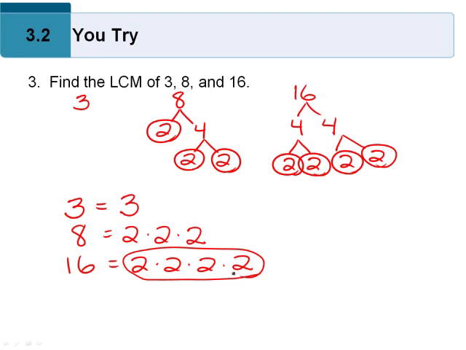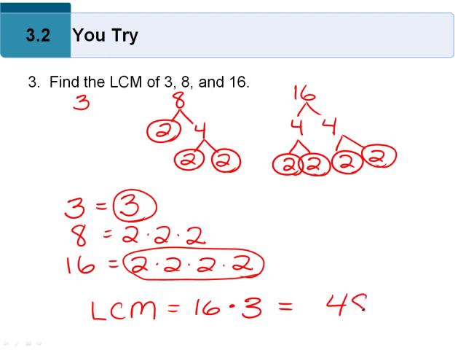Those 4 2's, circle all of them. And then the other different factor is the 3. So for your least common multiple, we circled the entire bottom line, so that's 16, and that's our shortcut there, times the 3, so our least common multiple is 48.